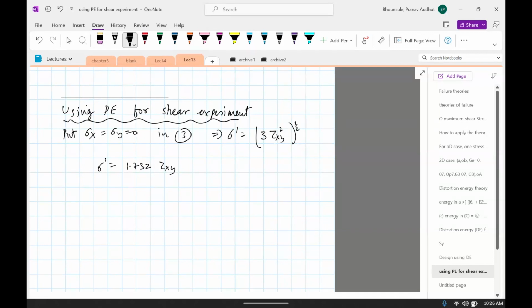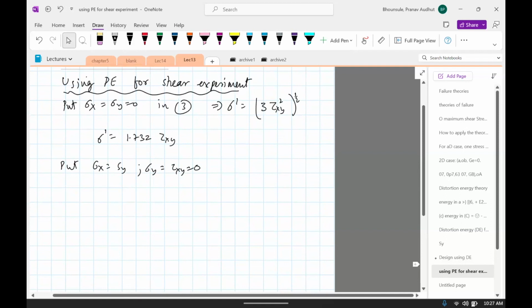Okay, I also need to compute the same thing for the uniaxial test. So put sigma x equals SY and sigma y equals tau xy equals 0. So this is in 3.